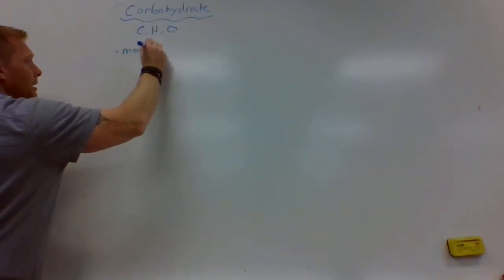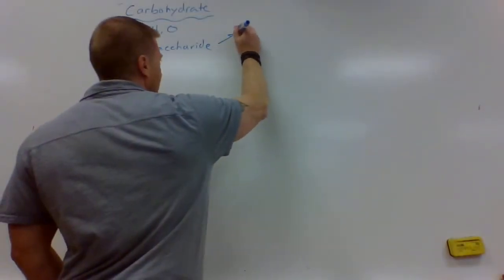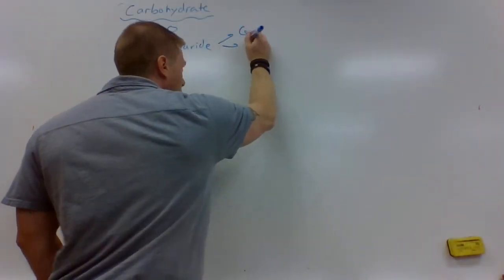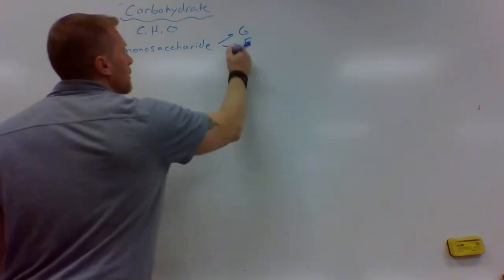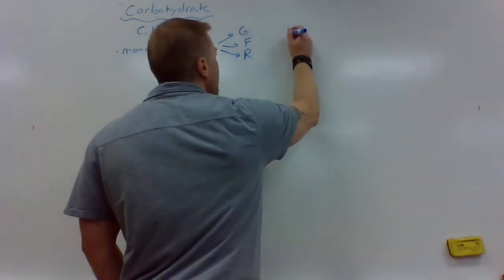The monomer of a carbohydrate is a monosaccharide. Monosaccharides are things like glucose is a monosaccharide. Fructose is a monosaccharide. Ribose is a monosaccharide.